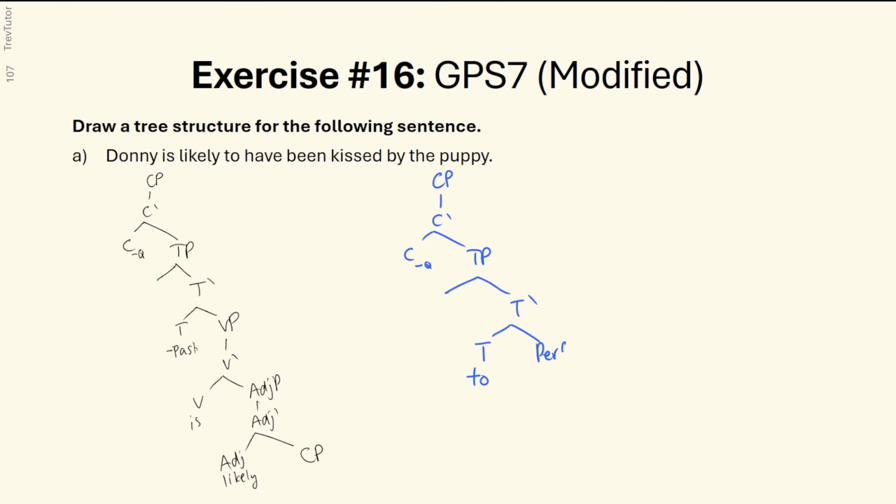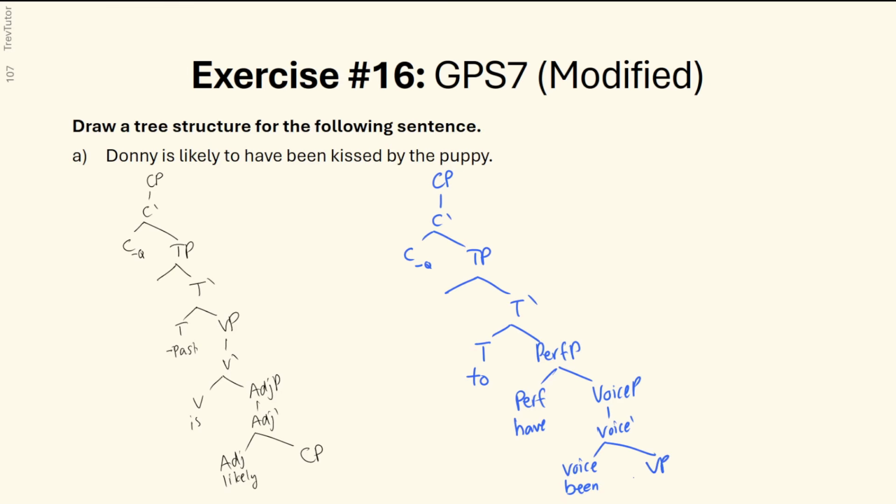Now, "to have been kissed." This is going to be a perfect phrase. For the sake of brevity, I'm not going to introduce the bar level because we know what it is, but there should be a bar level there. And it's "to have been kissed." So it's not a progressive phrase that comes after "have." It instead is the voice phrase. And I won't skimp out on this one because this is "been" in the past tense or in the participle form.